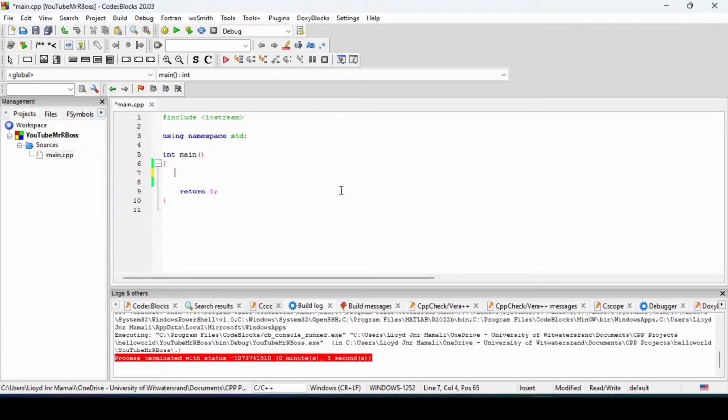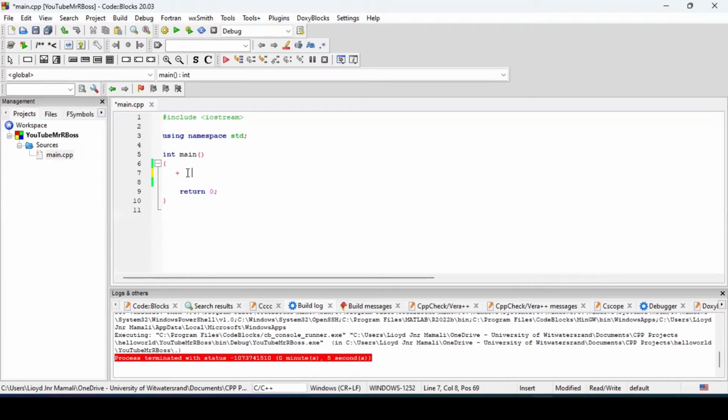So first thing first, I want to highlight the arithmetic operators. The arithmetic operator for addition is a plus, the one which I've written right here on my screen.